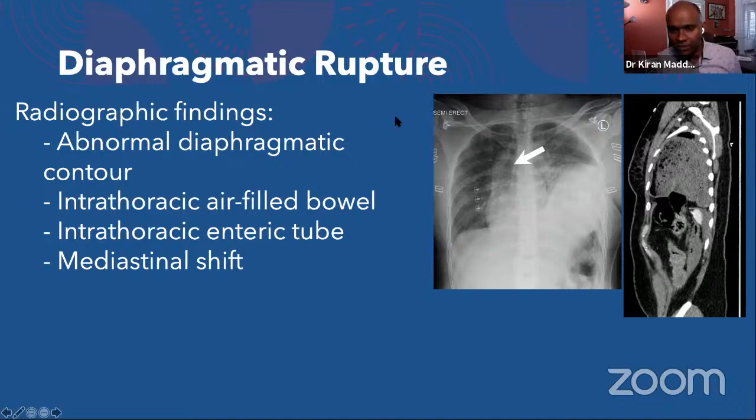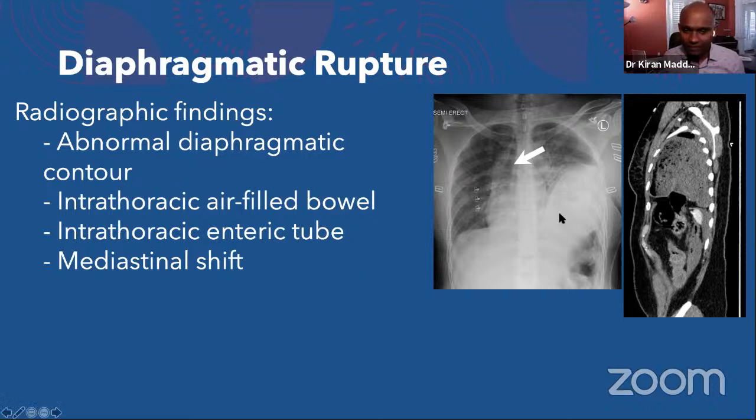The pathophysiology here is not only the abdominal contents going into the thorax, they're trying to give pressure on the intrathoracic contents, that's the lung parenchyma. So that causes a significant amount of damage to the oxygen saturations or the patient's clinical hemodynamic stability.